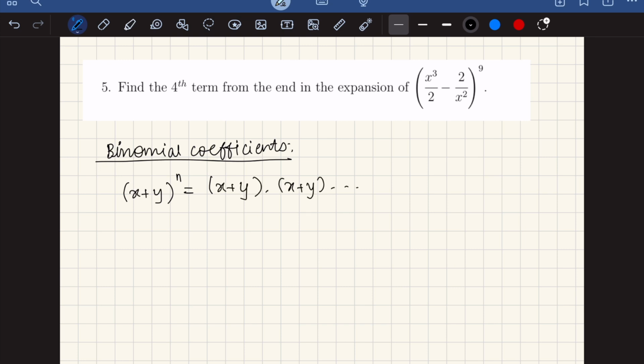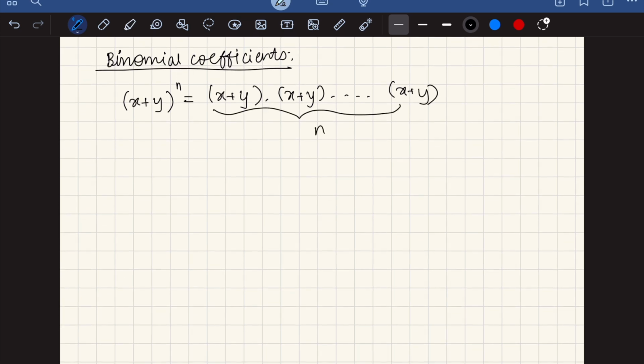And what are the terms that you would get? If you choose x from the first set, x from the, I mean, basically you take x from all the n sets, then what is the term you get? You get x to the n.